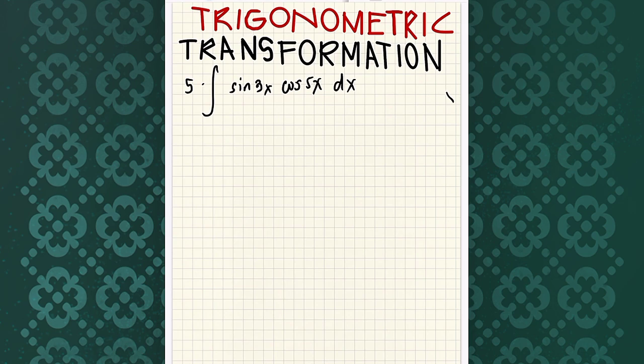So when you see a product of sine and cosine with different angles, we have to use the product to sum identity, which is the formula for this, which is sine A times cos B is equal to 1/2 sine A plus B plus sine A minus B.